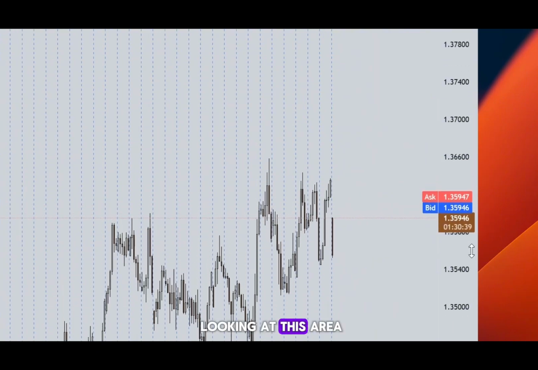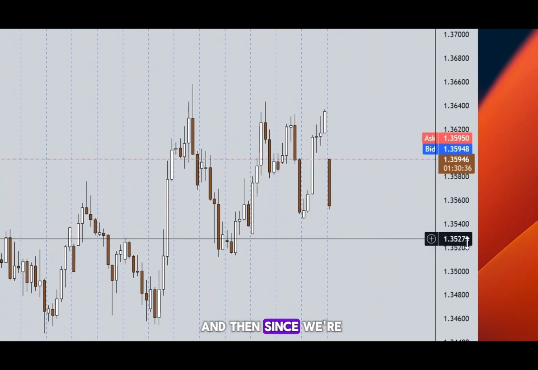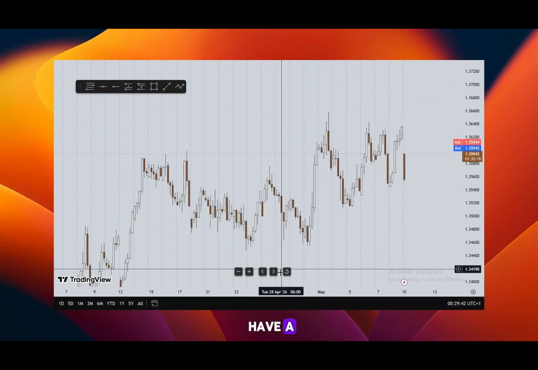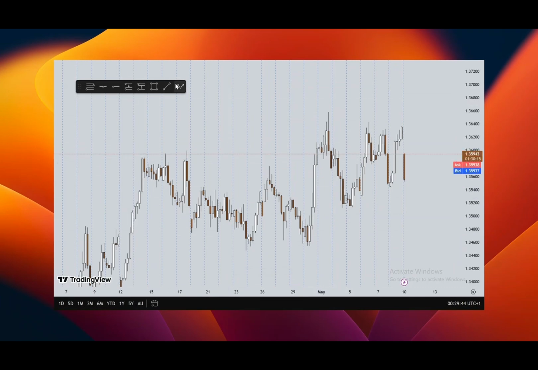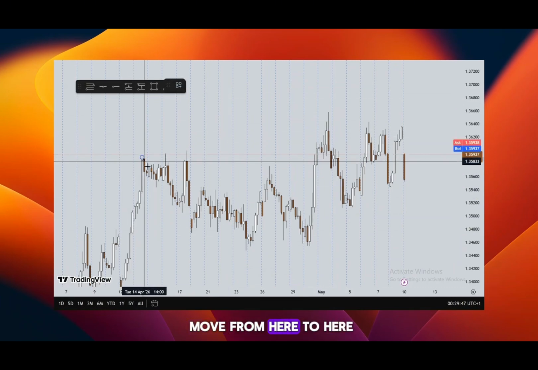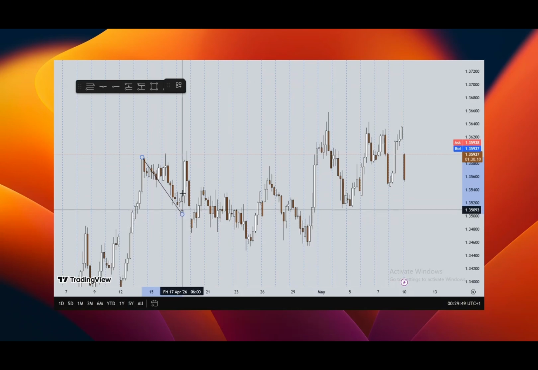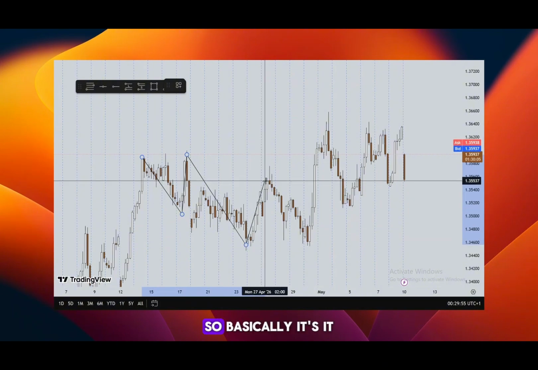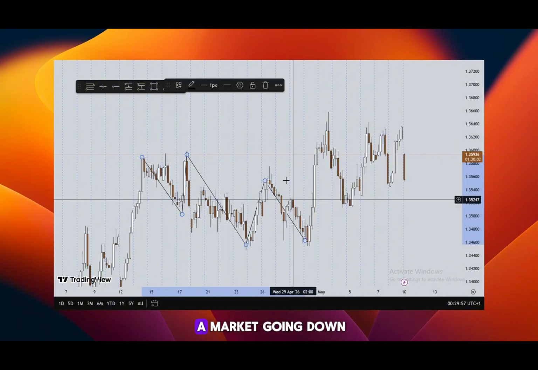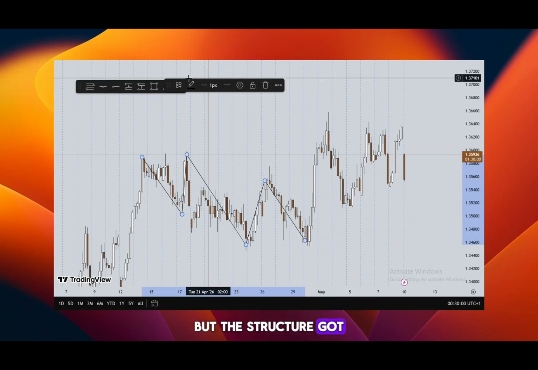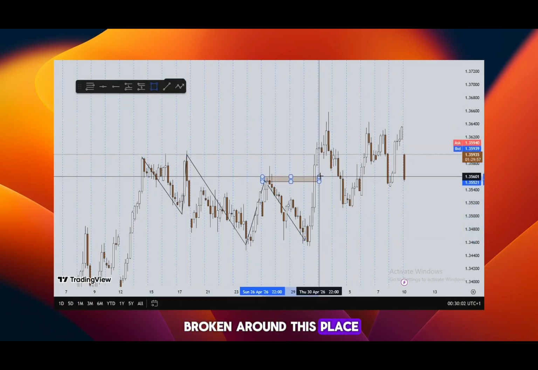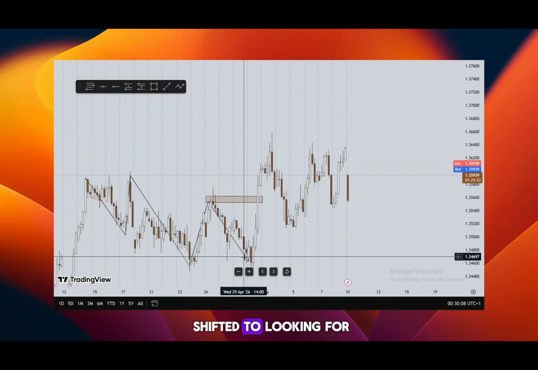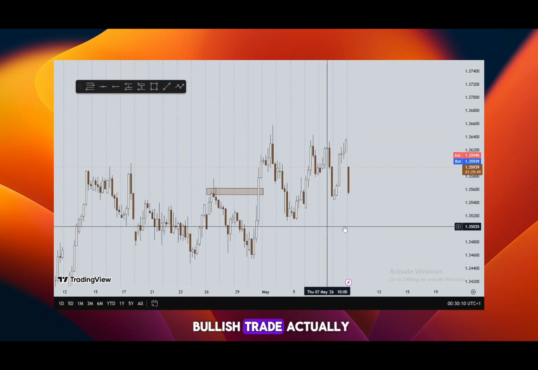But I was looking at this area, and since we're trading proper structure, I have this move from here to here, down, up here, then down all the way here. It's supposed to be a market going down, but the structure got broken around this place. So my alignment has shifted to looking for bullish trades.